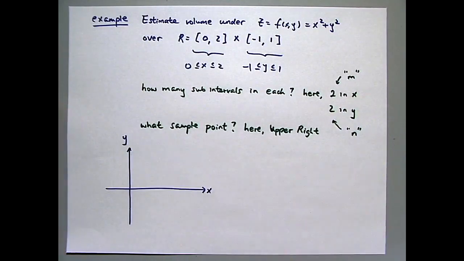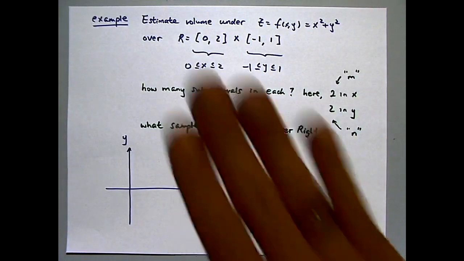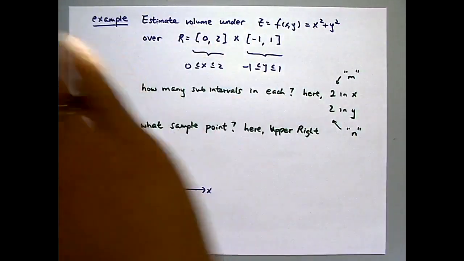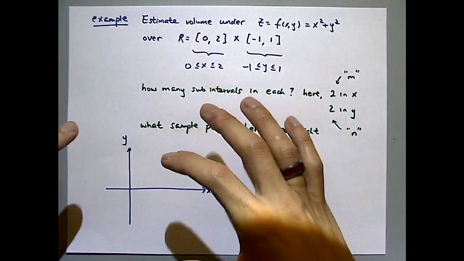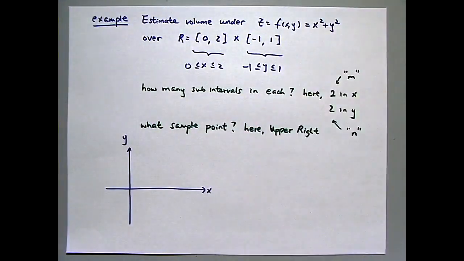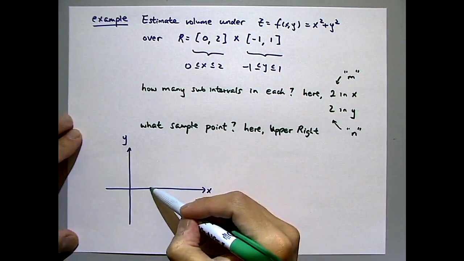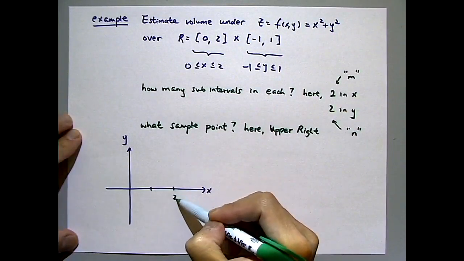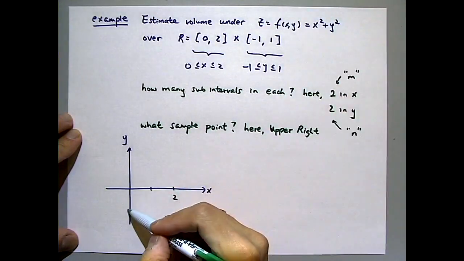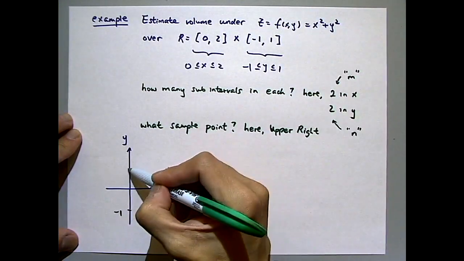Okay, now in this view here, we're looking down. Our surface is over this region right here. We're looking down onto the rectangle we're dealing with. And here we're talking about 0 to 2 for x, and -1 to 1 for y.